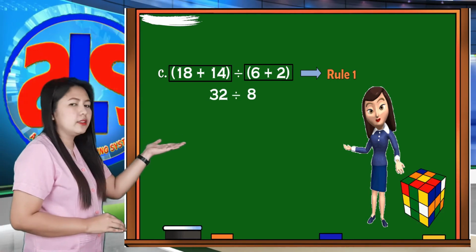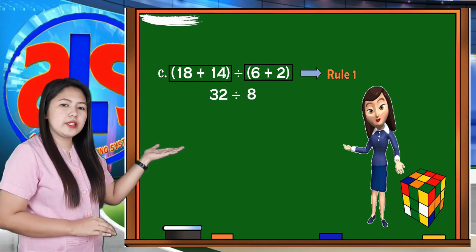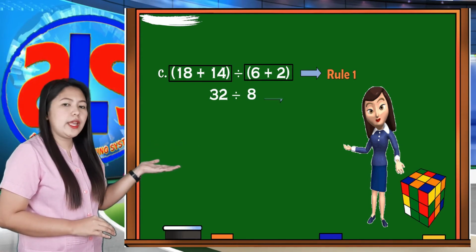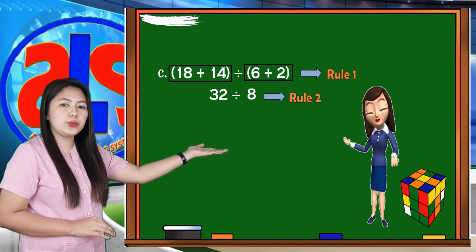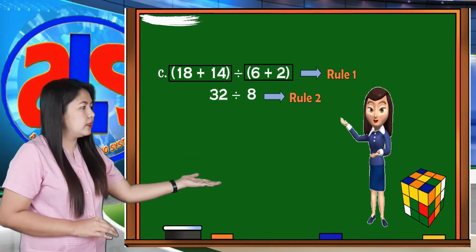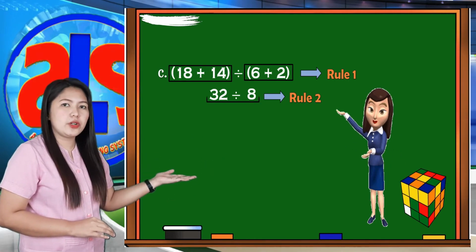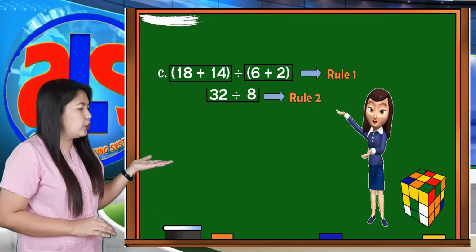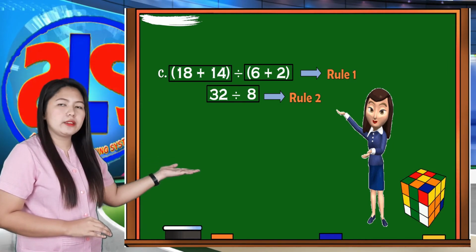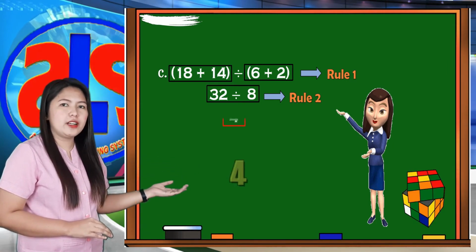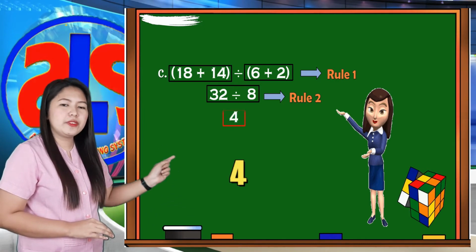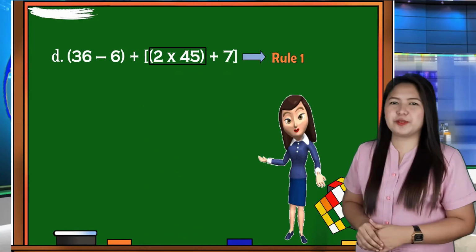So, 18 plus 14 is 32. And 6 plus 2 is 8. Bring down division or the divide. And 32 divided by 8 is 4. Our final answer is 4.